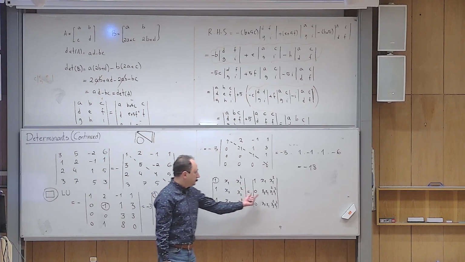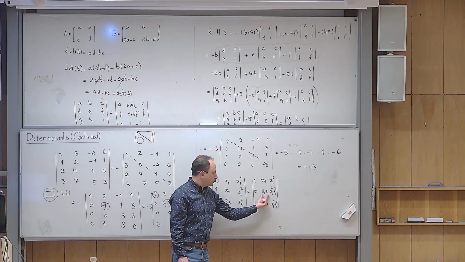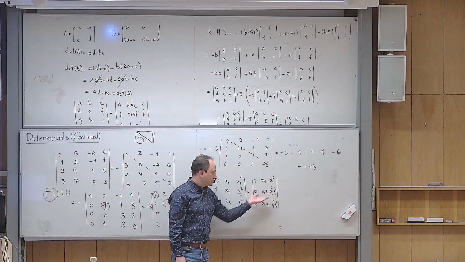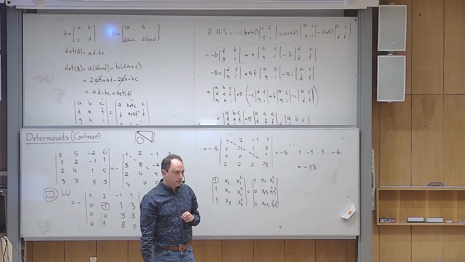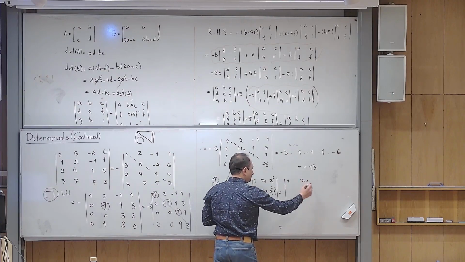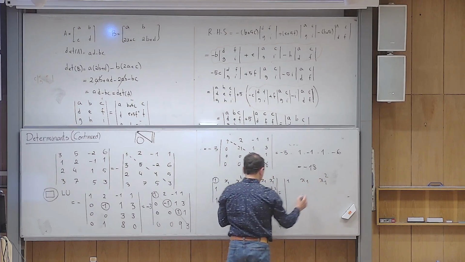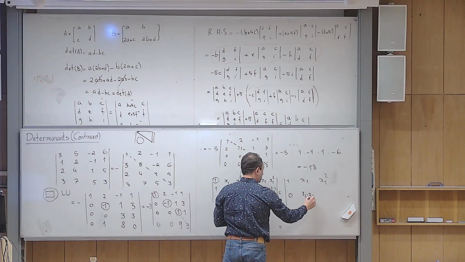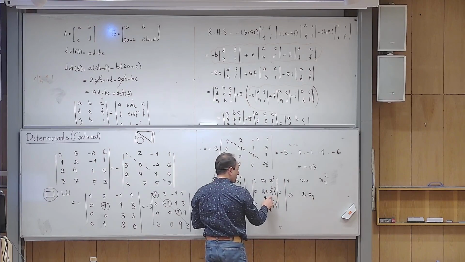For example, this combination x sub 2 minus x sub 1 and x sub 2 squared minus x sub 1 squared, what can I do with them? So what do you think I will write for this one? Instead of this one, what can I write?